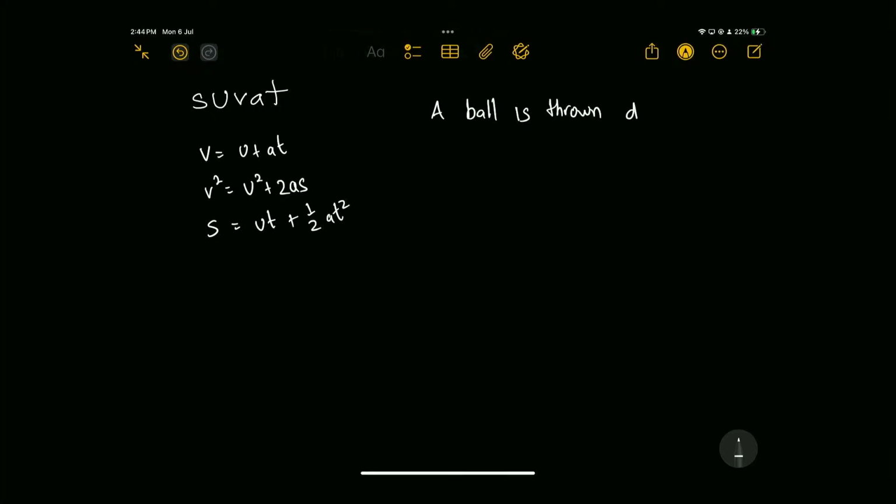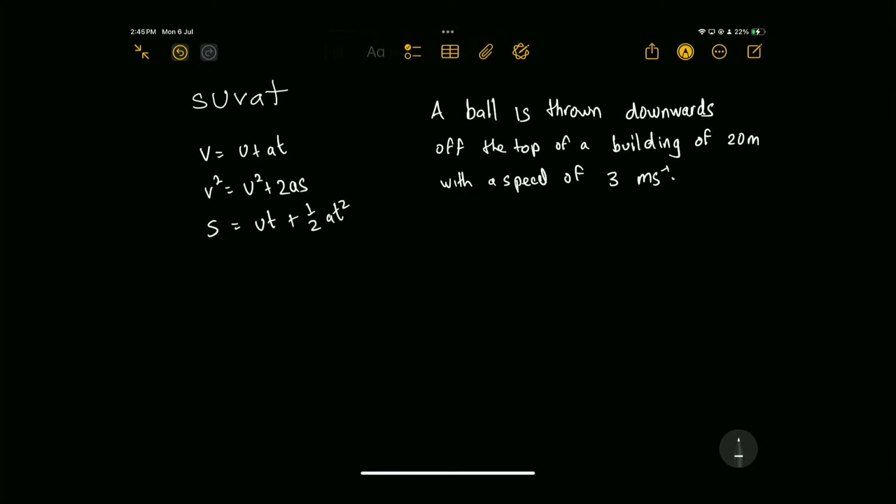A ball is thrown downwards off the top of a building of 20 meters, with a speed of 3 meters per second.